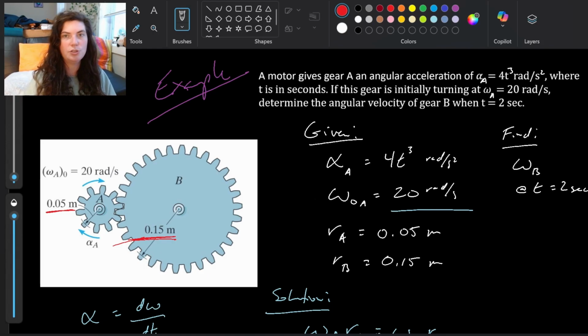It's a super, super useful tool for us to have, understanding how these gear ratios work.